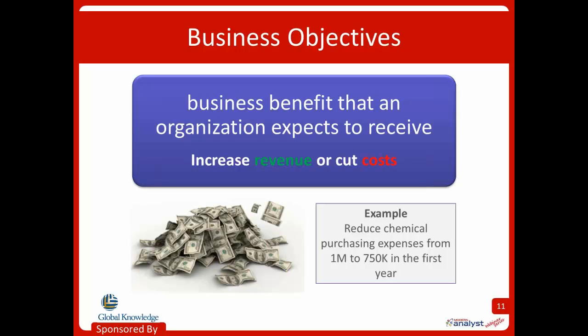Sometimes we have to use proxies for money, things like maybe I measure the number of new customers or the number of units sold, but those both directly relate back to increasing revenue. Right? So in the end, even things like regulatory or compliance projects, those relate back to money. We're doing those so that we can avoid fines or so that we can even stay in business. Right? So again, all those business objectives at the end of the day can be related back to money.